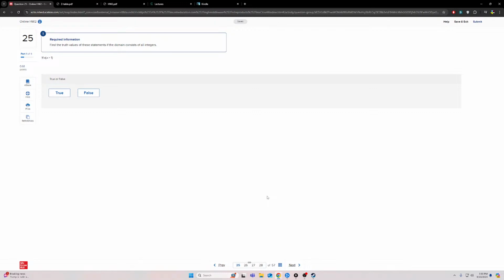Find the truth values of the statements if the domain consists of all integers. Exclamation point. What does that mean? What the hell?